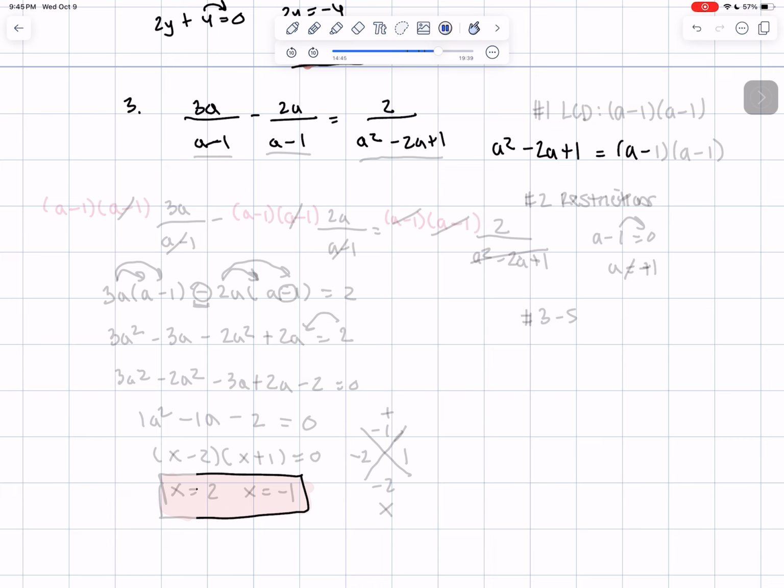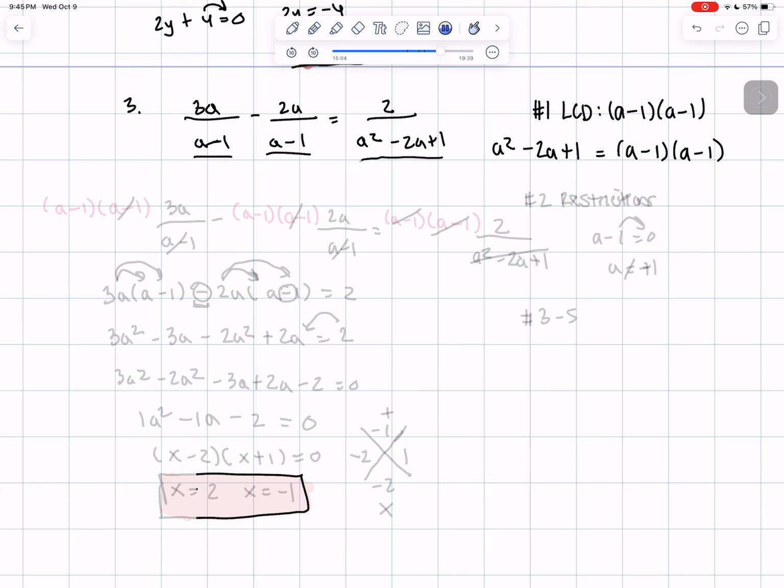It's still going to be the same exact way. So number 1, our LCD is going to be whatever is listed in the denominator will tell you what your LCD will be. So it's going to be the same exact process.